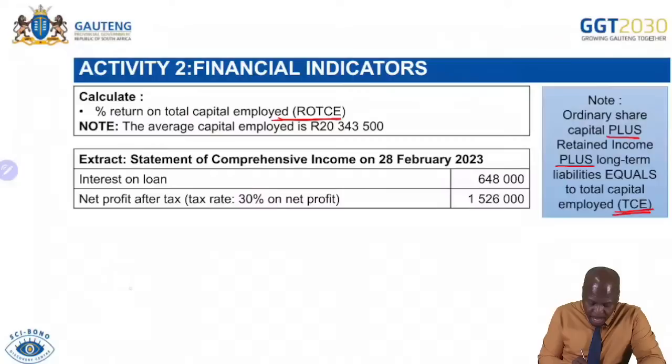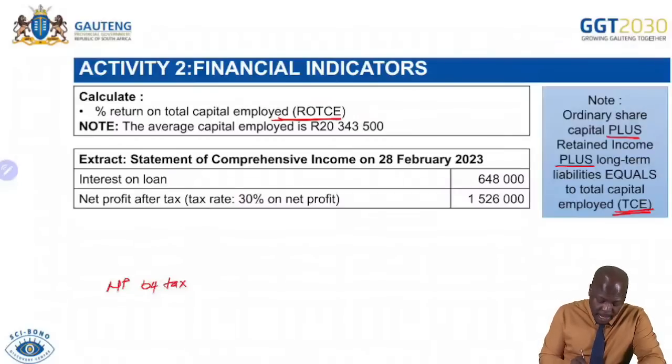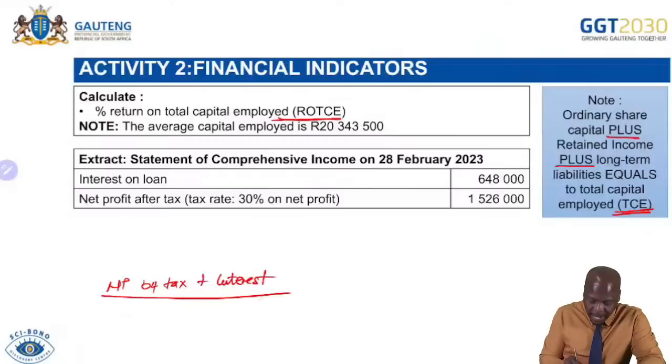My formula is net profit before tax plus my interest, and I divide this by my average capital employed. Okay, and then I multiply this by 100/1.